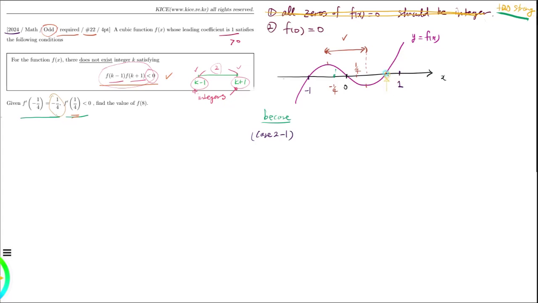If this biggest zero is between 0 and 1, let's see what happens here.